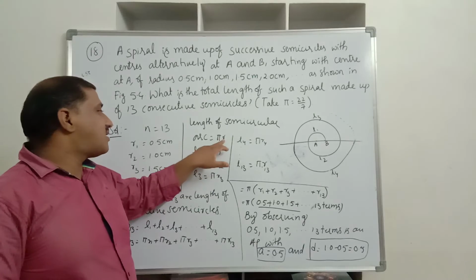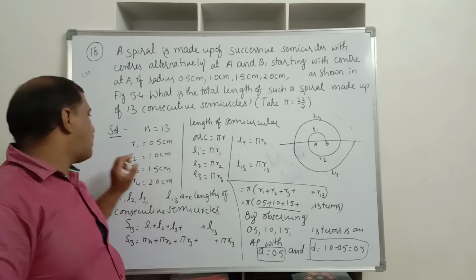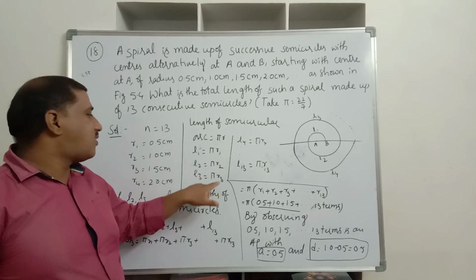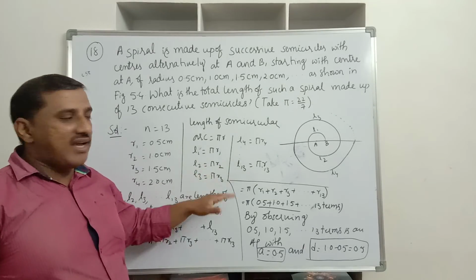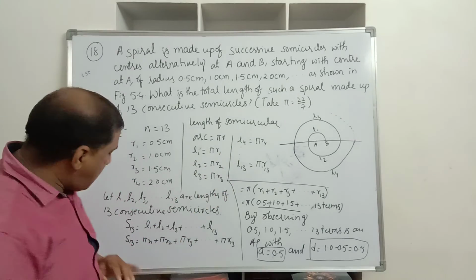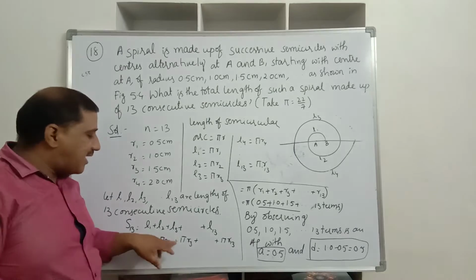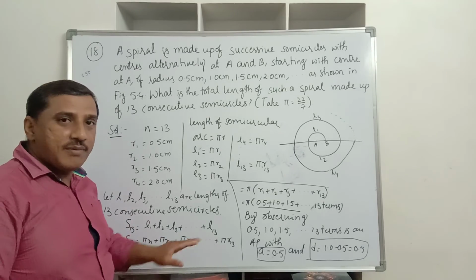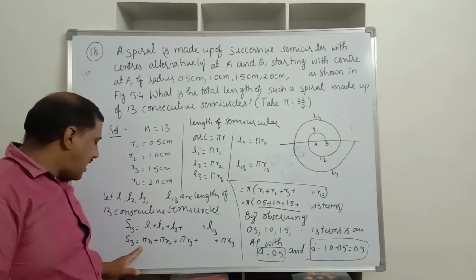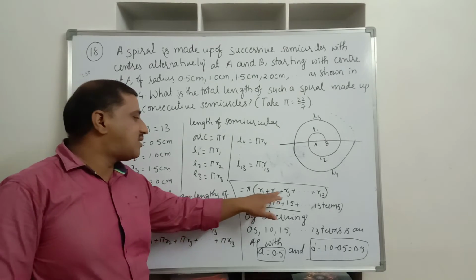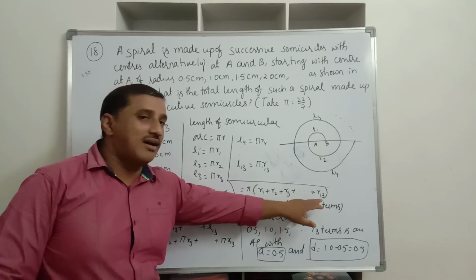So pi r1, pi r2, pi r3 and so on up to pi r13. Now S13 is pi r1 plus pi r2 plus pi r3 and so on plus pi r13. Now take pi common, then we have r1 plus r2 plus r3 and so on up to r13.